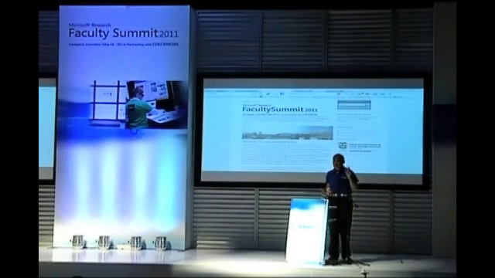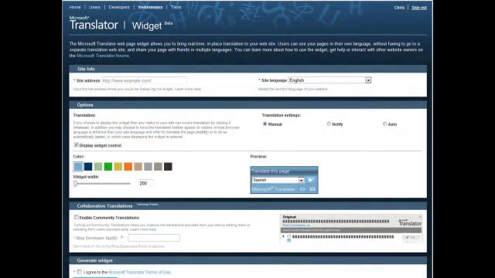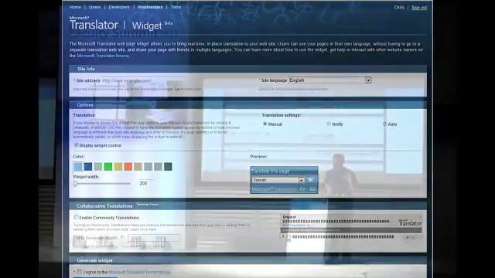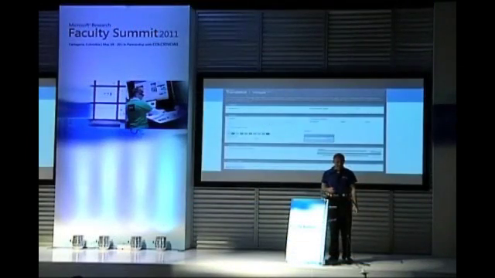Microsoft Translator supports 35 languages, but intentionally the authors of this web page have restricted it to only Spanish and Portuguese, because that's the target audience for this website. How they did it is they went to the MicrosoftTranslator.com website and generated a little piece of JavaScript that they pasted at the top of the page.